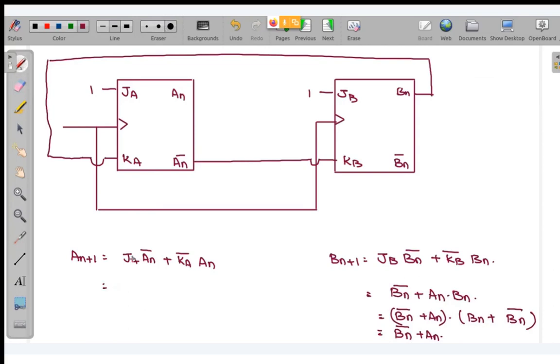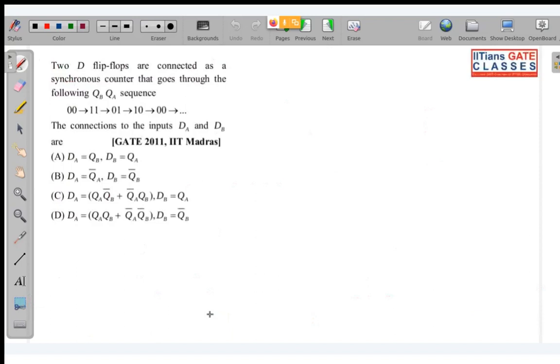So JA is 1, AN complement, and K is equal to BN plus BN complement AN. So this will be AN complement plus BN complement dot AN. Now is this okay? Sir, of AN plus 1? Yes, of AN plus 1 only. Yes. Okay. So now solve this question.